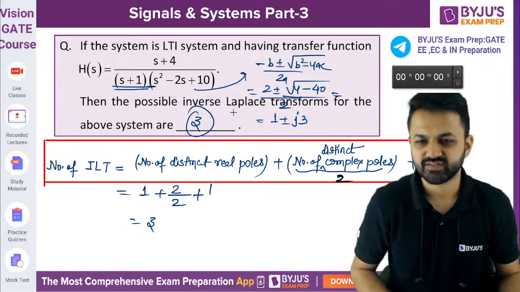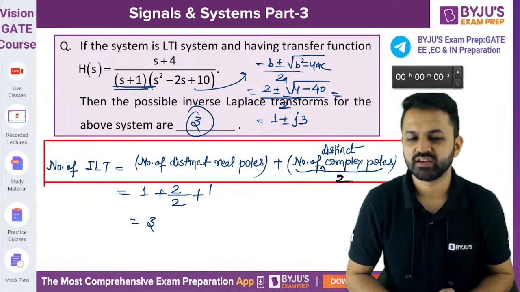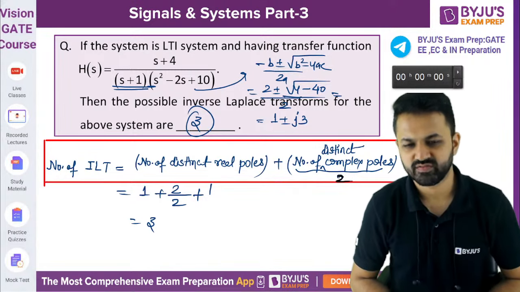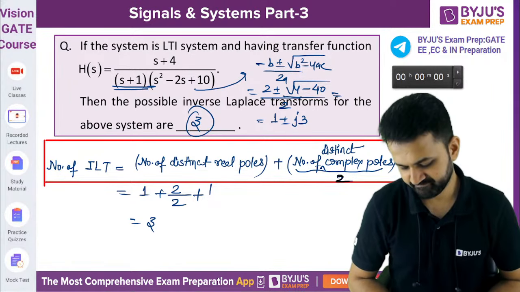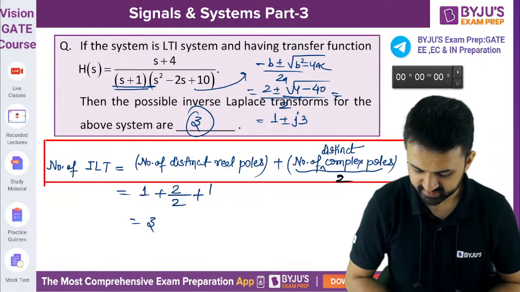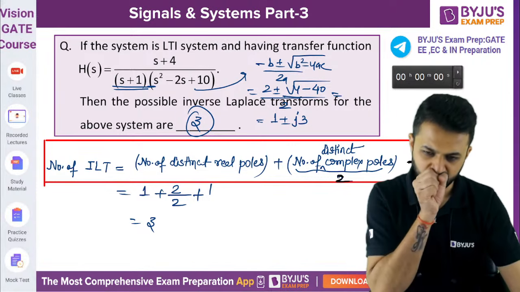Now that this is a plus 1, the derivation part I am not telling, because you might be getting one DC term or some constant term. So I am not deriving it, just telling you the formula.